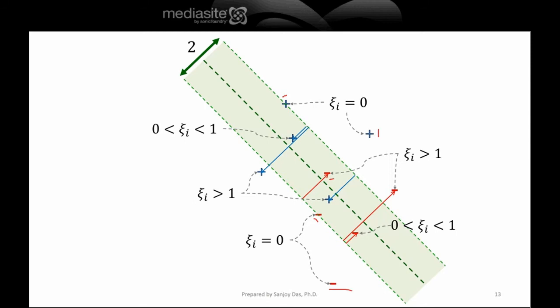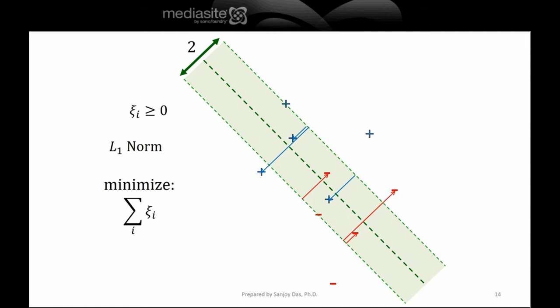For points like this, which is still on the correct side, and for points like this, which is on the correct side of the hyperplane, zeta i is between 0 and 1. But for the points which are crossing over the hyperplane, like this point here, and this point here, these are on the wrong side of the hyperplane, then zeta i is greater than 1.